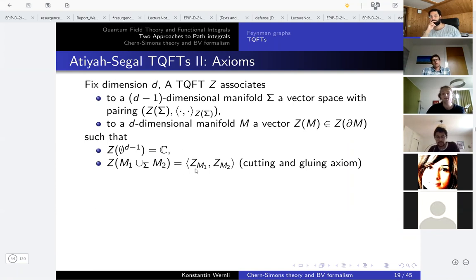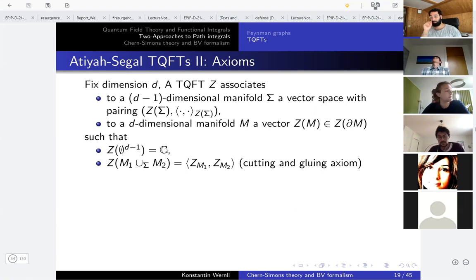So when you have two manifolds that you're gluing along a common boundary, you get two vectors in the associated vector space, and there is a pairing in this vector space, so you can pair these vectors together. And that's the number you would associate to the glued manifold.